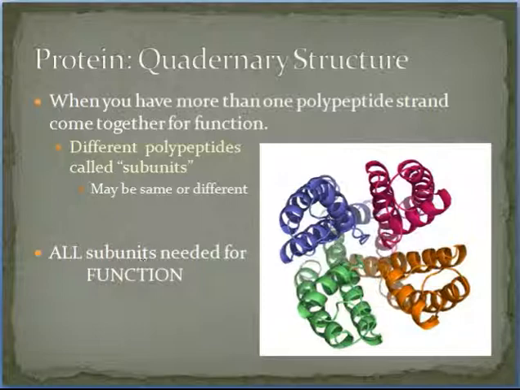All the subunits are needed for function. Now, sometimes you have lots of subunits, sometimes you don't. But however many that protein needs, you need all those subunits for function. So the quaternary structure is when you have multiple polypeptides come together to make a functional protein.